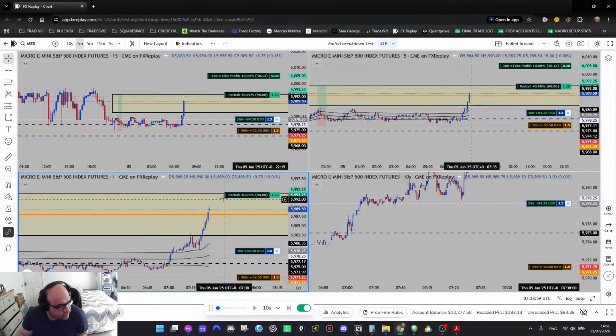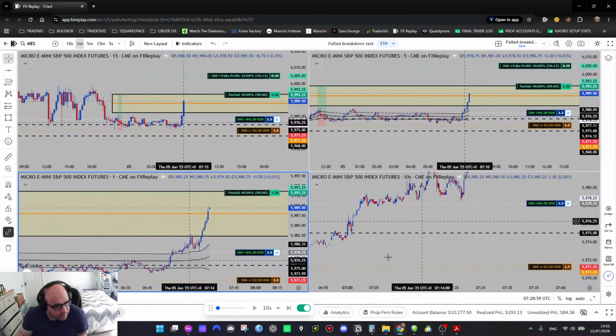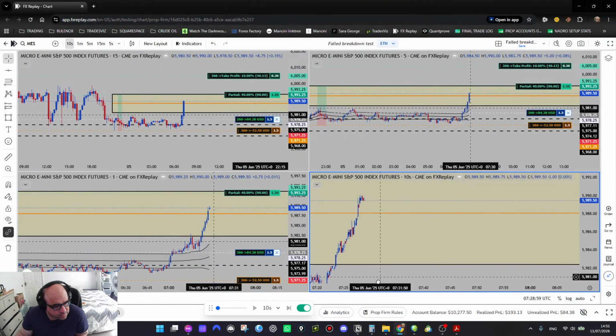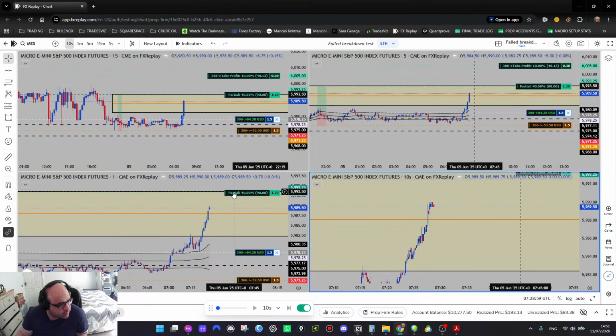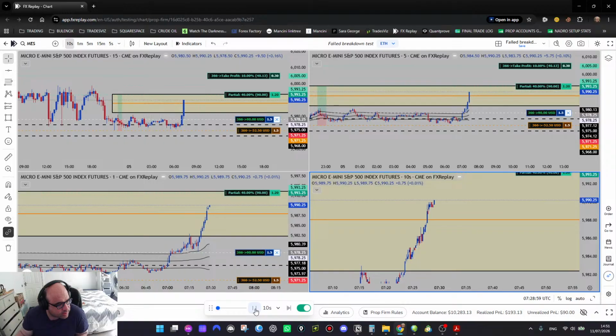That's it. And I want to see some kind of pullback now. Yeah, I want to see some kind of pullback. If I see the pullback holds here, I'm gonna raise my stop loss and aim for the second TP. Okay, let's take it easy.